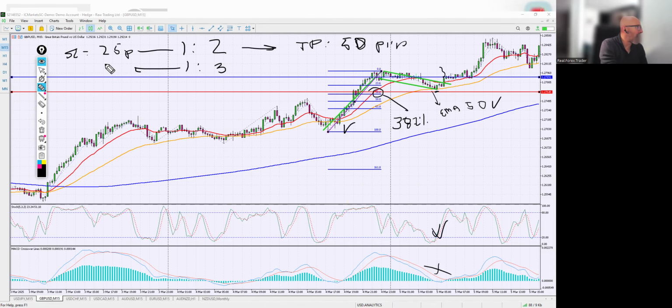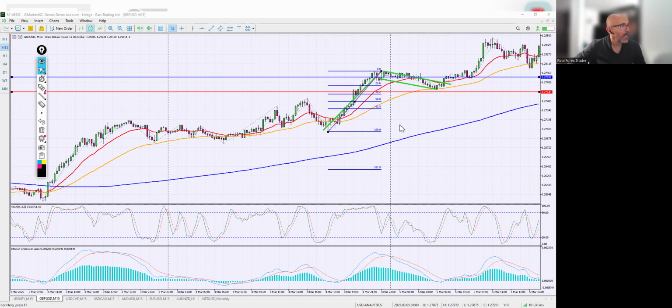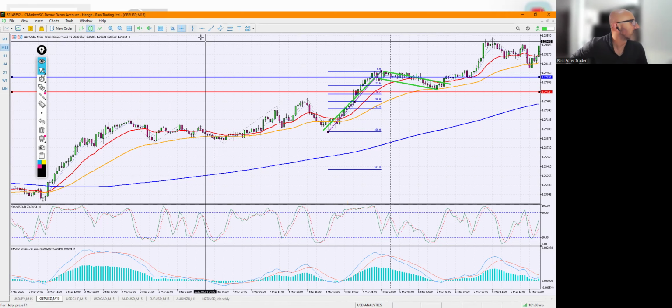So again, my stop loss is 25 pips. So my take profit would be eventually 75 pips. All right. So that is one calculation that I can make. That is one way of trading the flagpoles. So let's see where I get 50 pips.